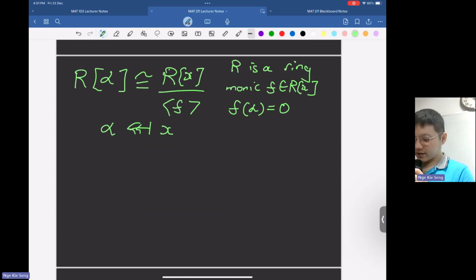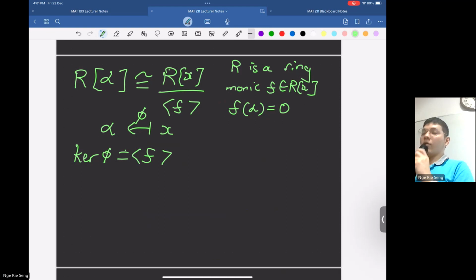So let's call this map phi. Then the kernel of phi is generated by the polynomial f. Then by the first isomorphism theorem, you will get the isomorphism.